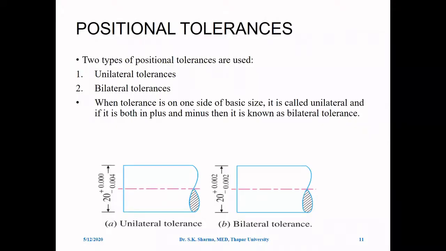There can be broadly two types of tolerances: unilateral tolerances or bilateral tolerances. In unilateral tolerances, the variation in the size is allowed only on one side, whereas in bilateral tolerances, the variation in the size is allowed on both sides of the basic size.